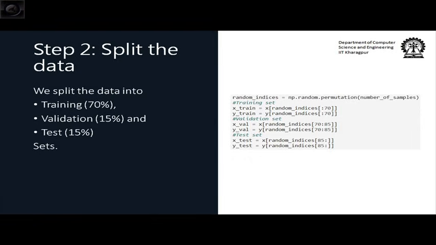Finally, after all the training has been done and all the tuning of the architecture has been done, we take the test set and find the performance of the model on it. This performance is what is supposed to be reported as a measure of actual generalization of the model, because the test set was not shown to the model at any phase, neither during its parameter learning nor during its hyperparameter tuning.